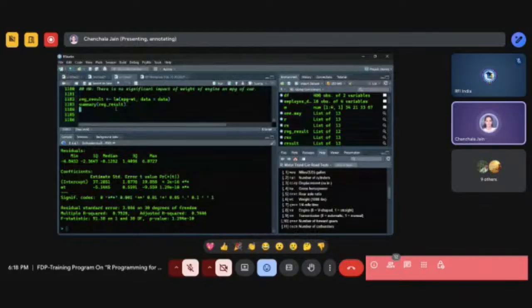So I can write here: intercept, which is 37.29, I'm rounding it off, and the coefficient of weight, which is minus 5.3445 or maybe 5.34, right?